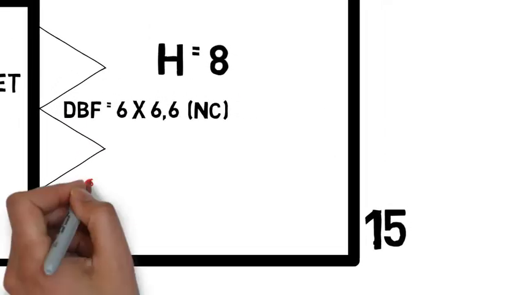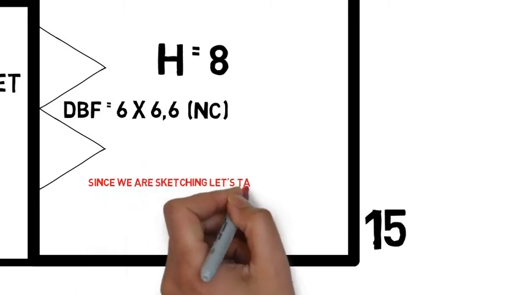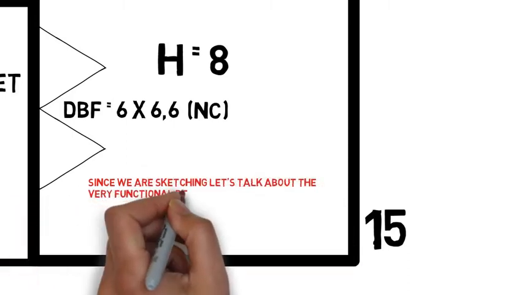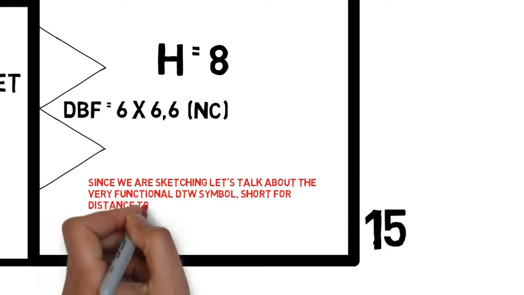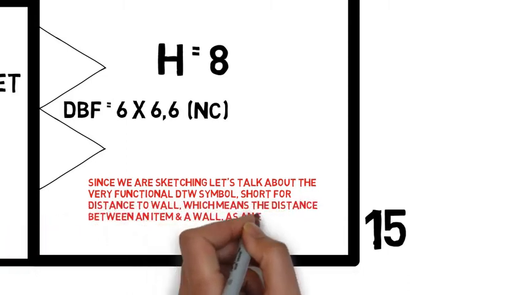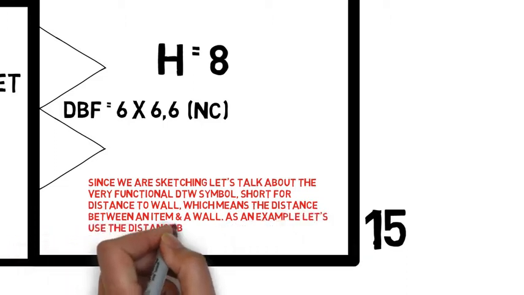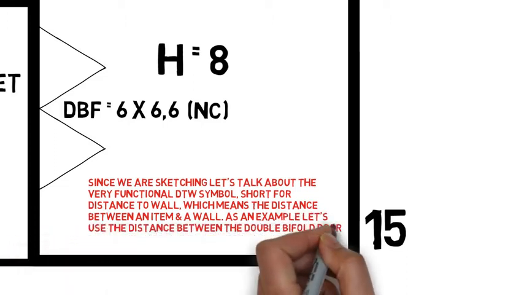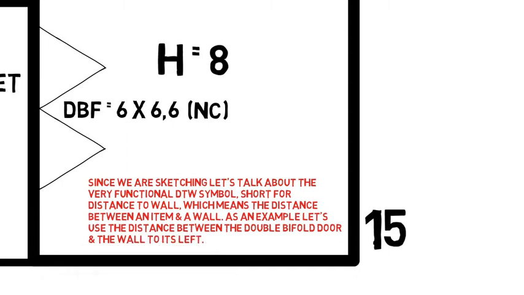Since we are sketching, let's talk about the very functional DTW symbol, short for distance to wall, which means the distance between an item and a wall. As an example, let's use the distance between the closet double bifold door and the wall to its left.